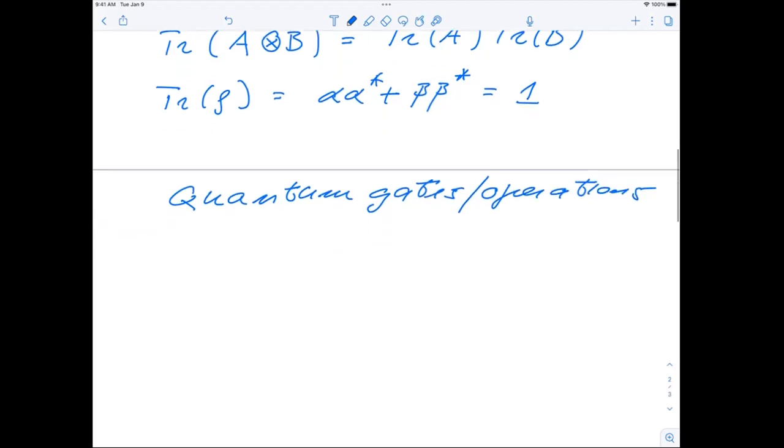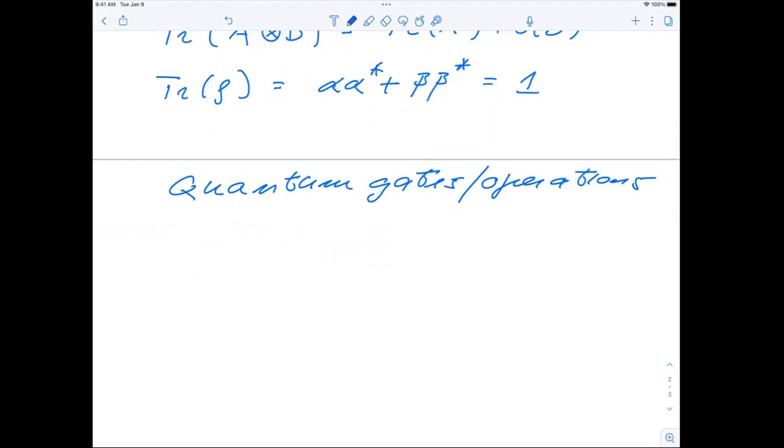Now, there's one very important thing, and that has to do with unitarity. So when we look at the vector, suppose we have a vector phi here, that can be rewritten in terms of a unitary transformation multiplied with a previous vector.